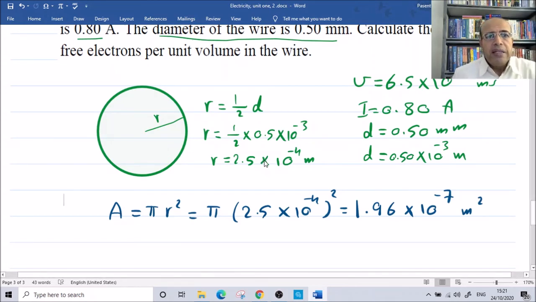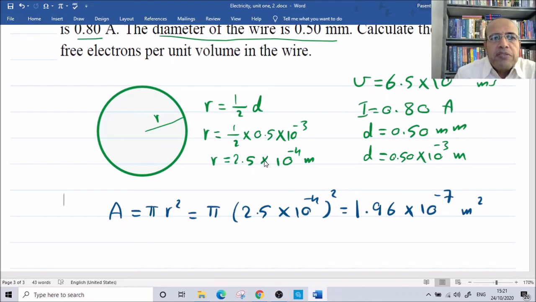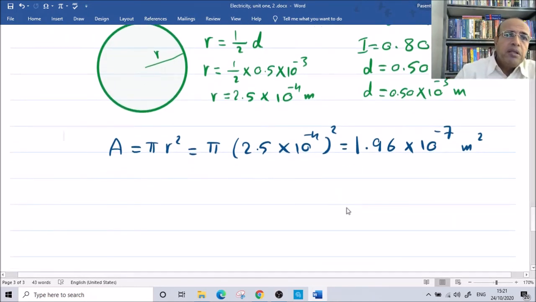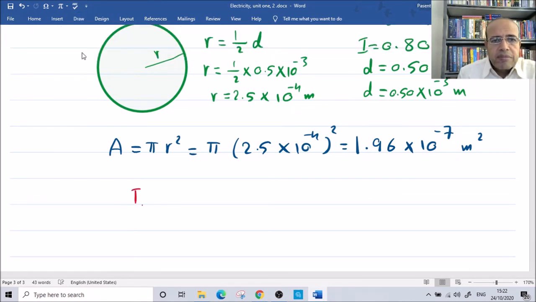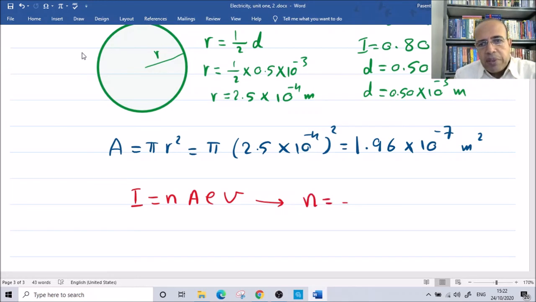What do we need? The question says calculate the number of free electrons per meter cubed. We need n. To get n, we go to the formula. The formula is I, the current, equals n A e v. Rearranging, n, the number of free electrons per meter cubed, equals I over A e v.